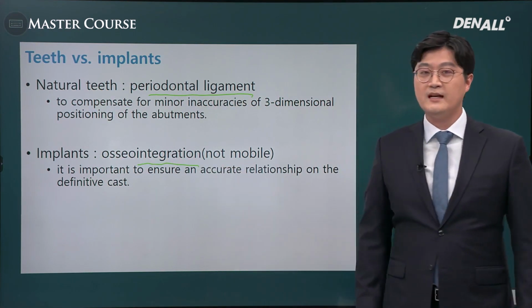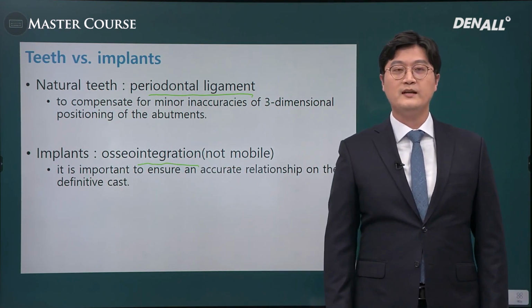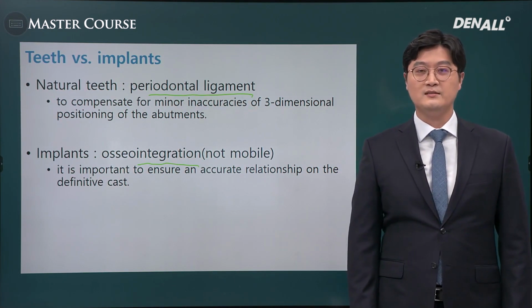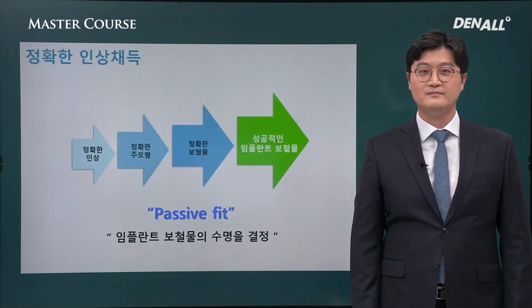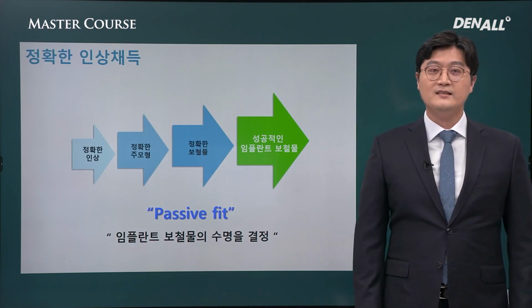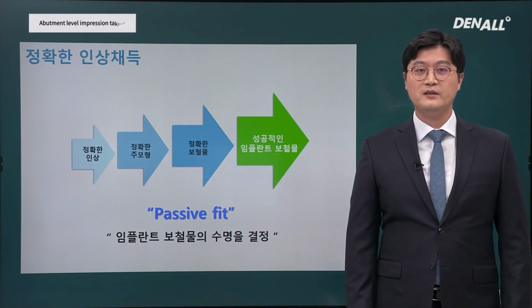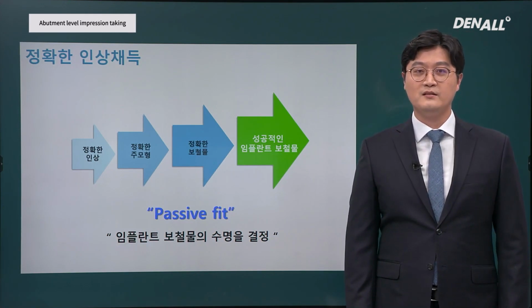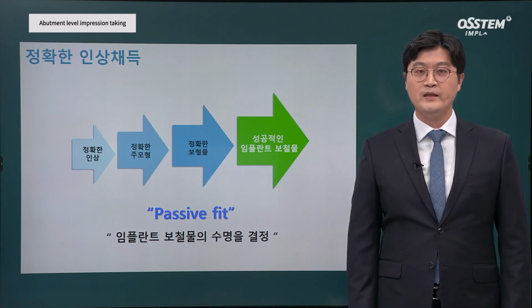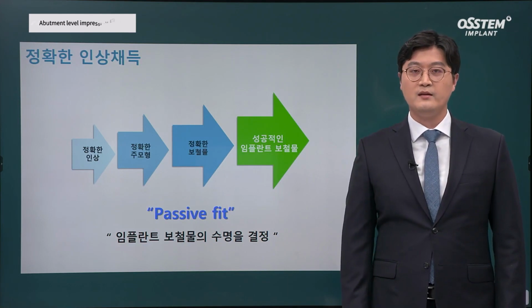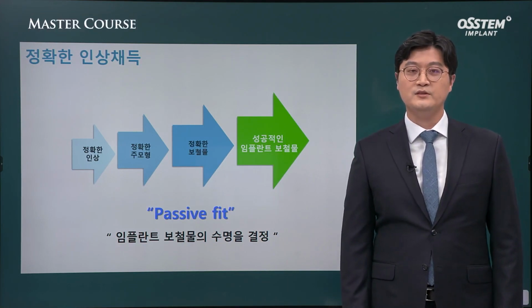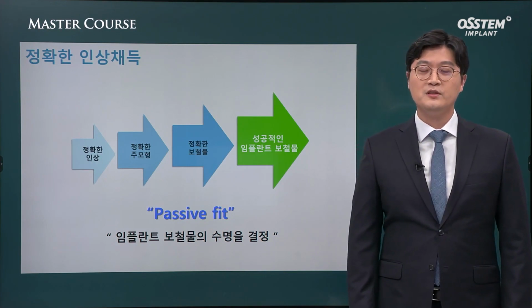But implants have osseointegration, which makes the implant immobile, which can be threatening to implants. Accurate impression taking allows an accurate gypsum model to be created, which can lead to an accurate prosthesis, and ultimately, it will bring a successful implant prosthesis.